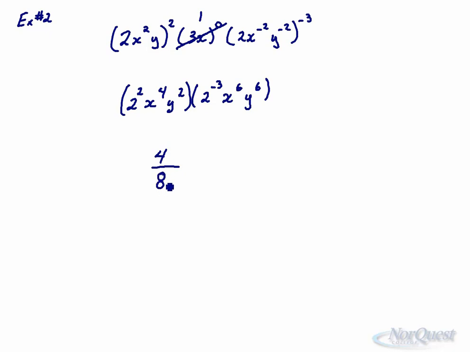So there's where I take care of my coefficients. 2 squared is 4. Anytime you have a negative exponent, that means you write the reciprocal, or what a lot of people remember, if it's a negative exponent on the top, it moves to the bottom and becomes positive. If it's a negative exponent on the bottom, it moves to the top and becomes positive.